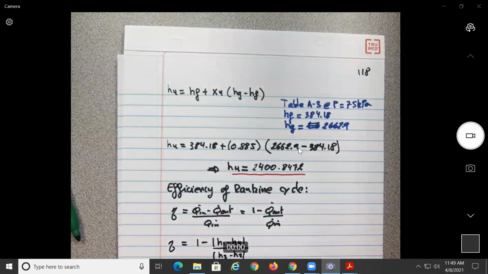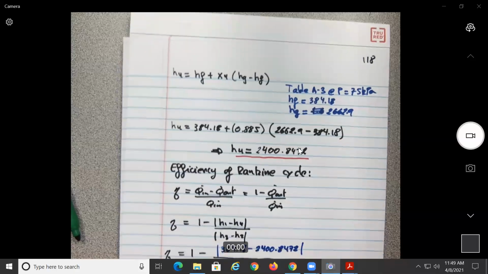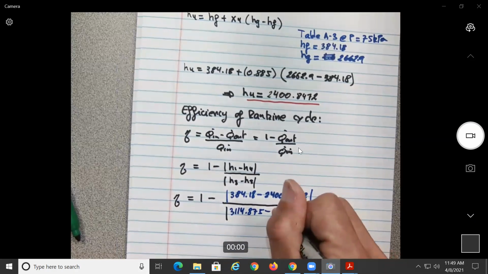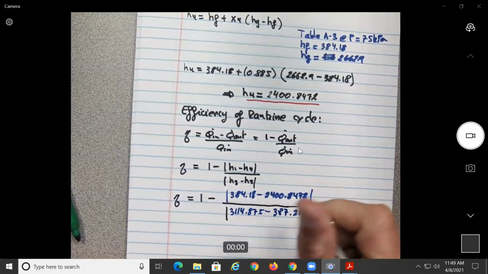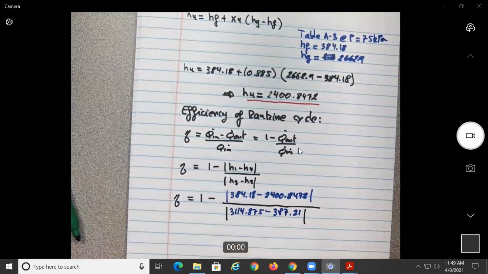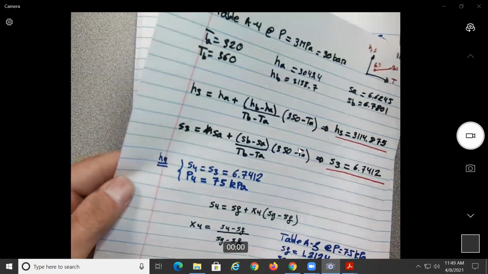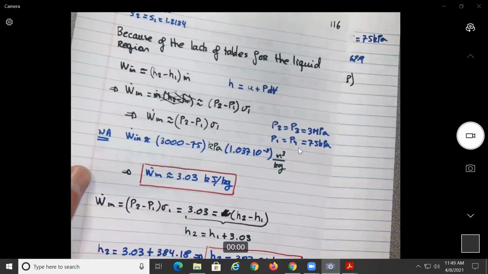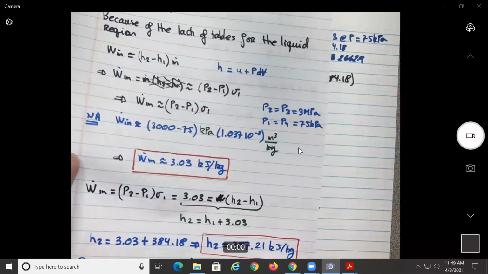So 3114.875 minus H2, that is equal to what? 387.21. Okay, that's the one we found. But this is H4, H2 was over here. 387.21, right at the bottom here of the page.